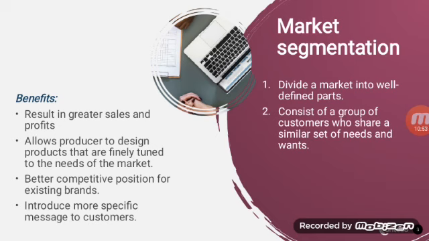For example, you want to sell to people of the same age group, teenagers, so you will design your clothes based on teenagers' interests. By doing this, you fulfill the needs and wants of that particular target market, and as a result, it gives you a greater outcome, which is greater sales and profits.